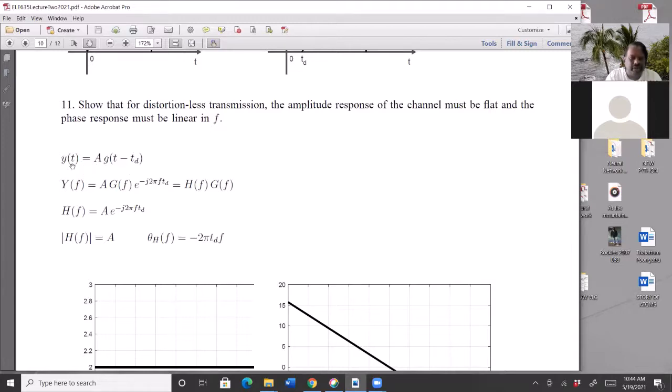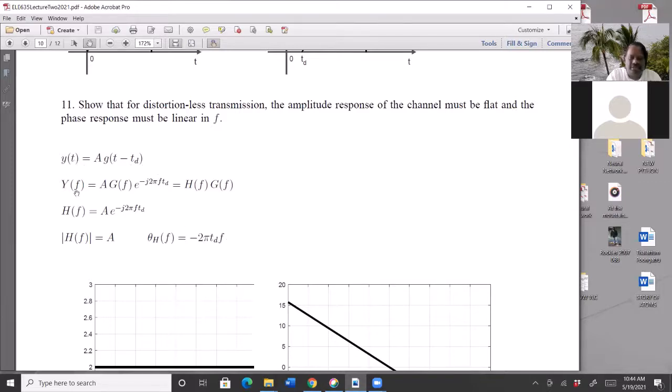In the time domain, an attenuation is fine, and a constant time delay. So let's say the time delay is T_D. I start with this, and from this I am going to derive these two results. The amplitude response is A and the phase response is minus 2 pi f T_D, and you can see it is linear in f. Okay, so what do?